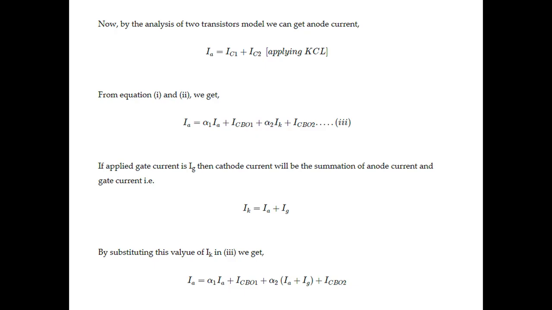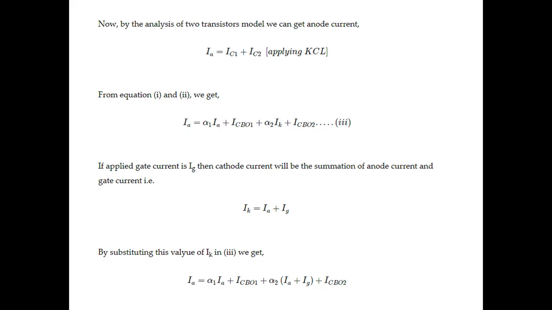Now by the analysis of the two transistor model, we get the anode current Ia equal to IC1 plus IC2 by applying Kirchhoff's current law. From equations 1 and 2 we get Ia is equal to alpha 1 into Ia plus ICB01 plus alpha 2 into Ik plus ICB02.